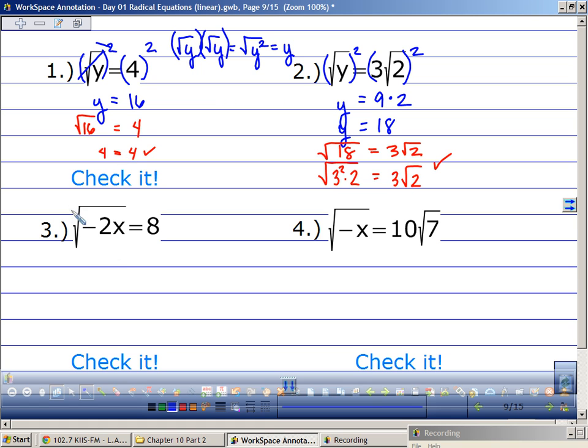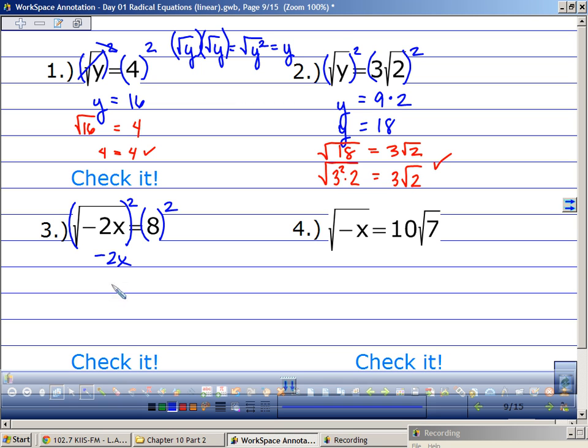All right, so with this one, when I square it, what's going to happen? What will I have left over? Negative 2x, right? When you square it, you're canceling the square root.